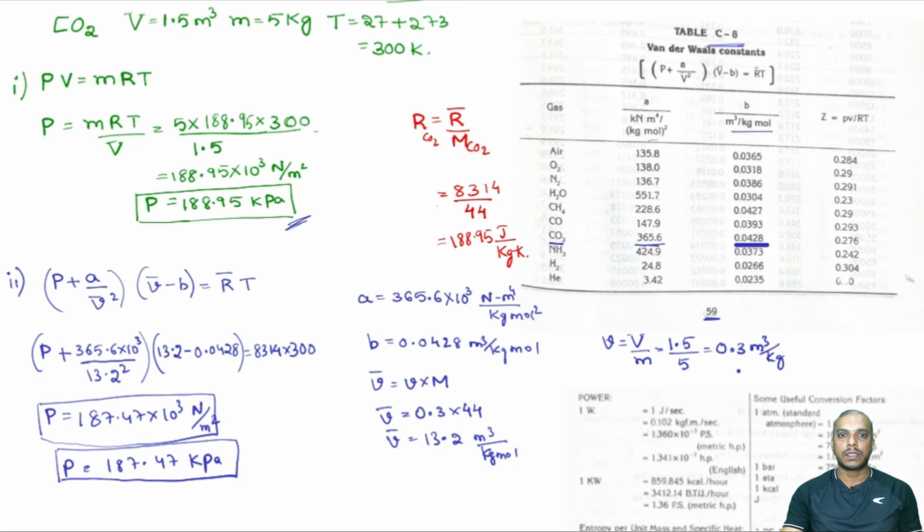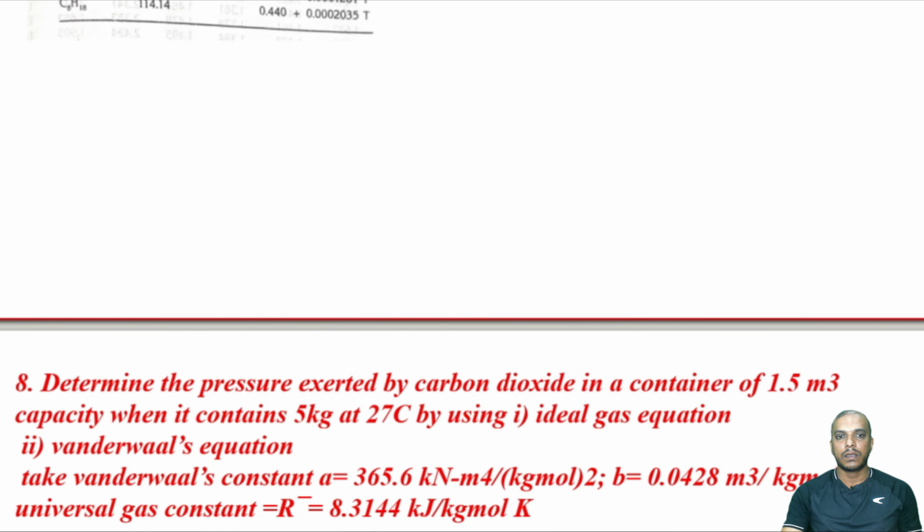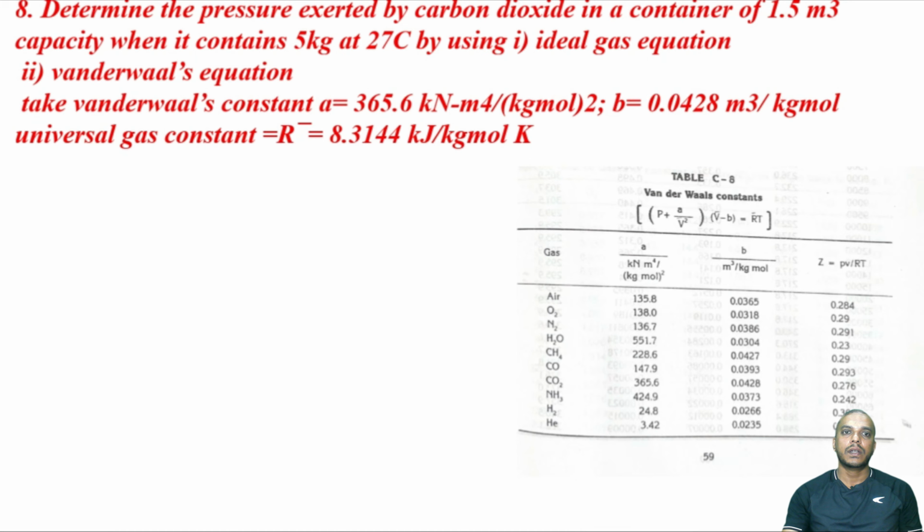Okay. So, let us take one more problem. Same problem: determine the pressure exerted by carbon dioxide in a container of 1.5 meter cube capacity and 5 kg at 27 degrees Celsius. The data is same, but the values of A, B and R bar are given to you.